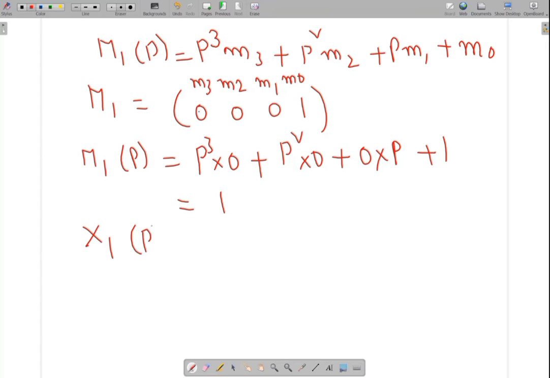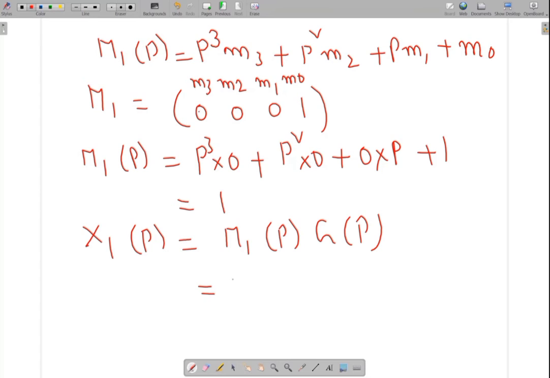x1 of p, the first encoded cyclic code word, is equal to m1 of p into g of p.